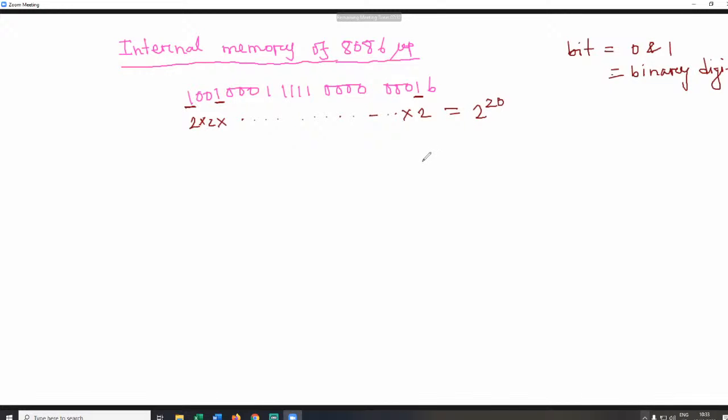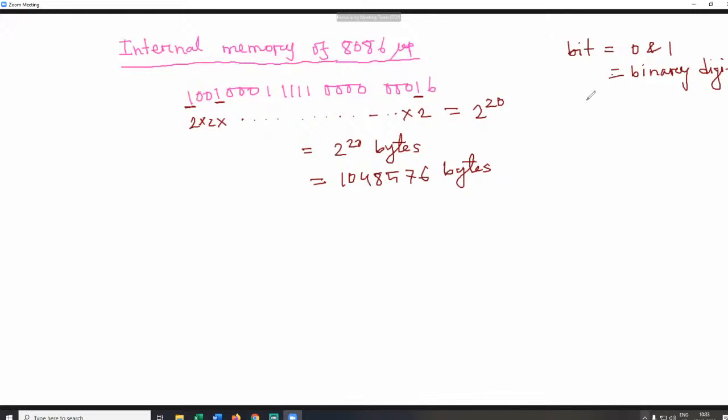So 2 to the power 20 is the internal memory. We are going to count how much internal space there is. It is 2 to the power 20 bytes actually, which is 1048576 bytes.